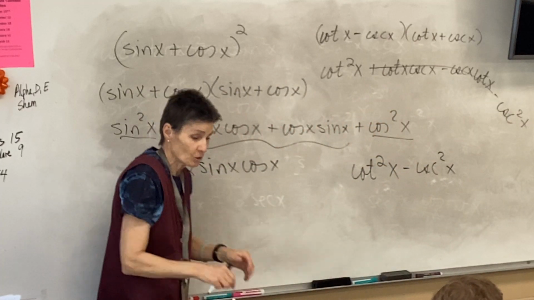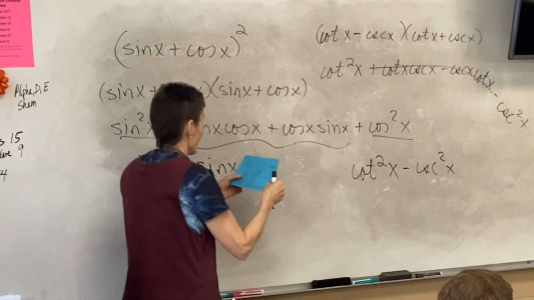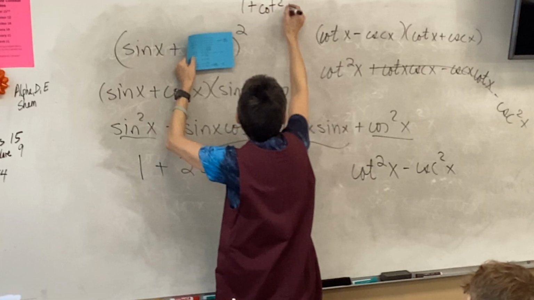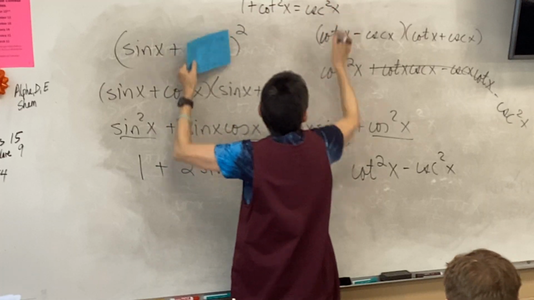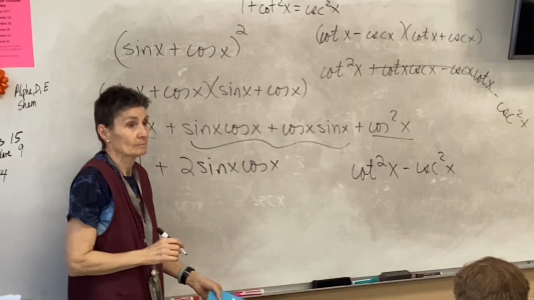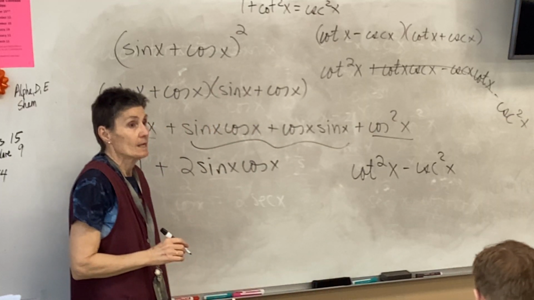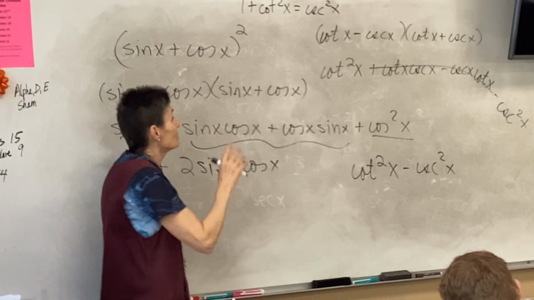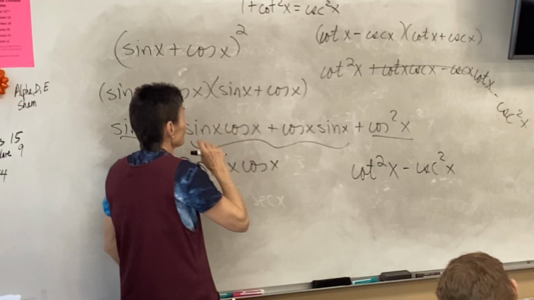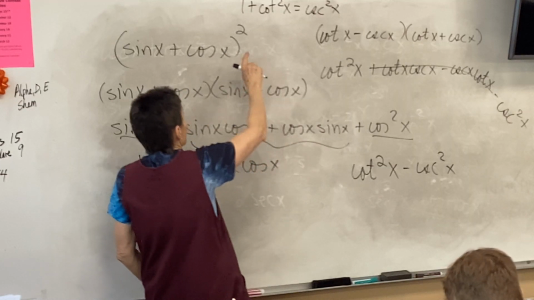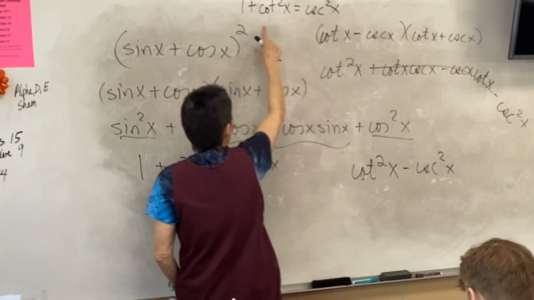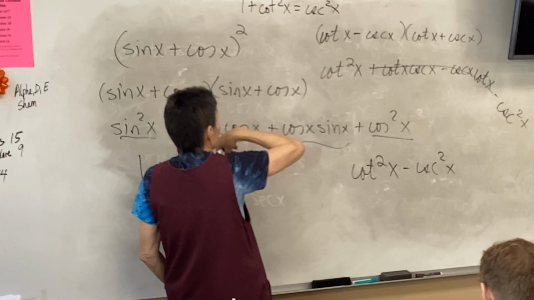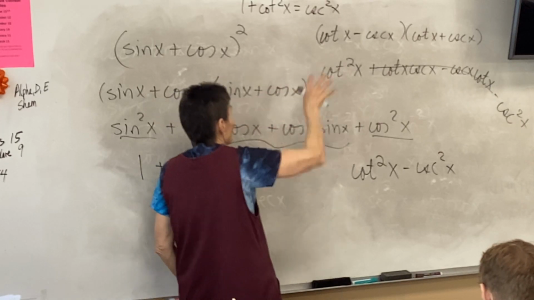Now I want you to look on your sheet, and you have an identity that says 1 plus cotangent squared equals cosecant squared, right? It's in the same area. Yeah, and can we move things around? Absolutely. You can look at that identity on your paper and say, what happens if I rearrange some things?